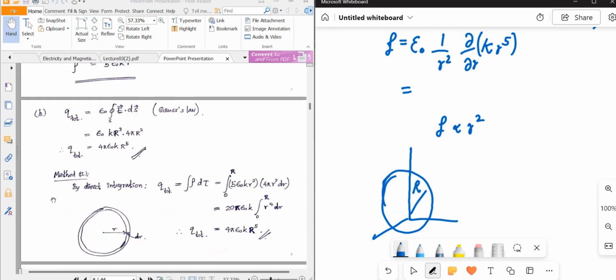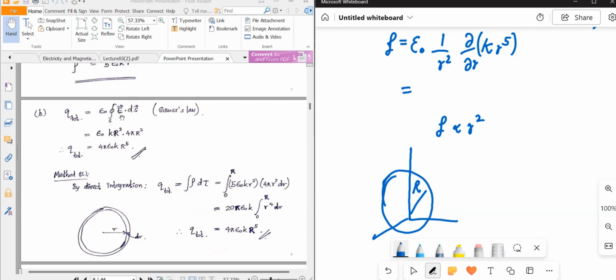So there are two methods to calculate the total charge. One way is to use the Gauss law in this integral format. So we know the electric field is given and total charge is equal to epsilon naught times surface integral E dot dS.